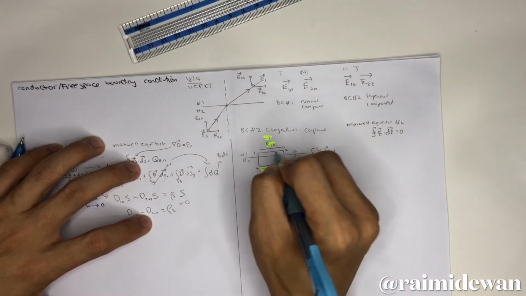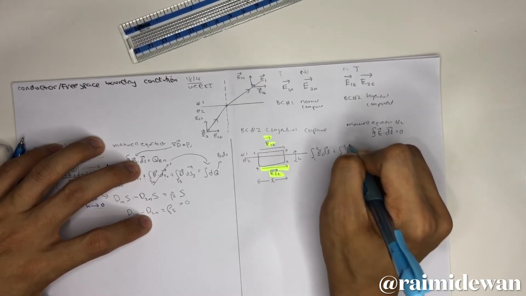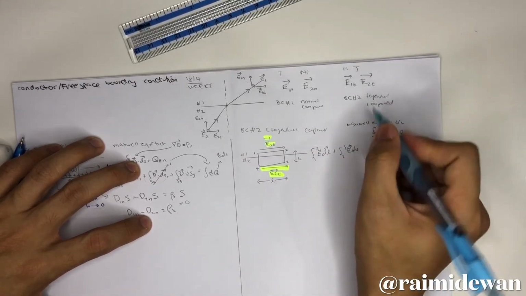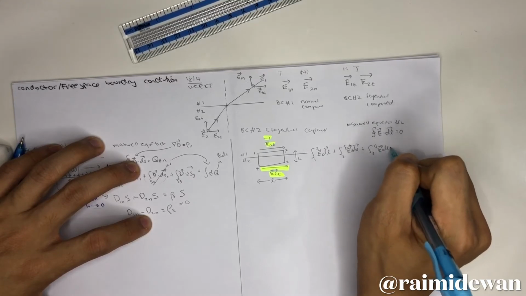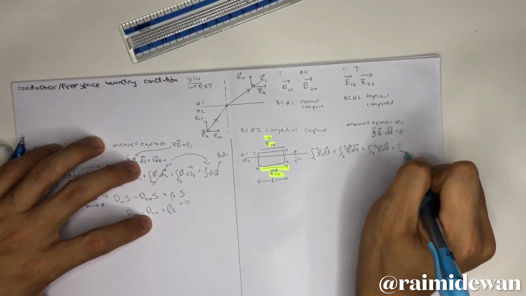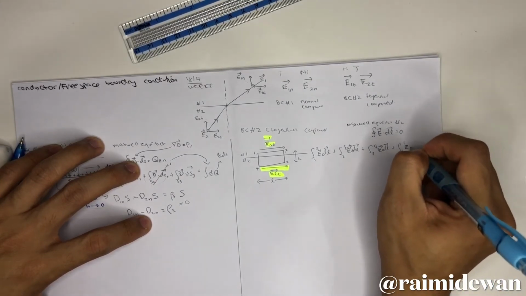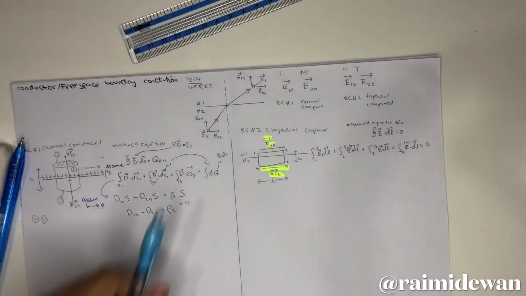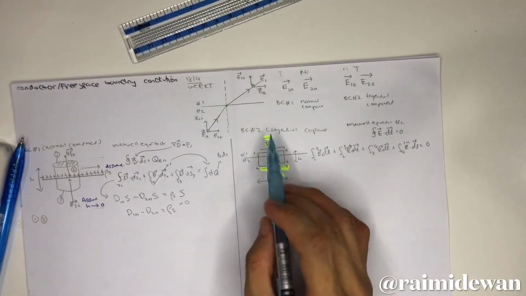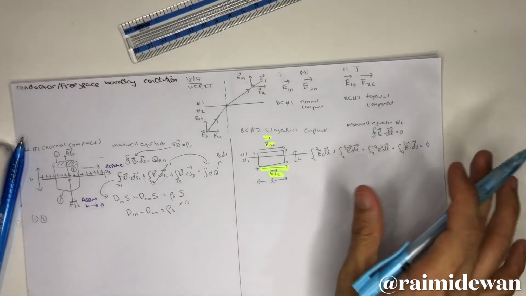And then from 2 to 3, from 3 to 4, and from 4 to 1. If you notice, this is your tangential, then you have this value here, so this is your normal.